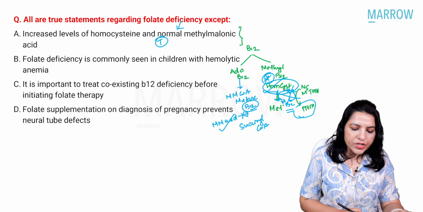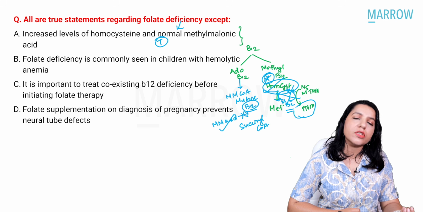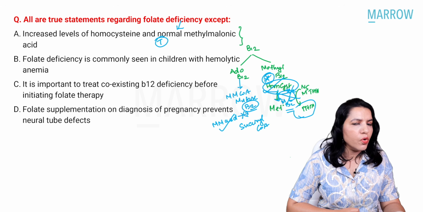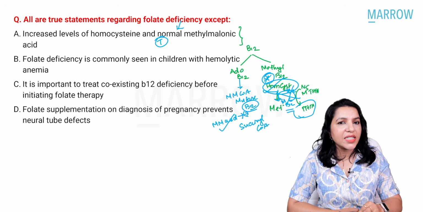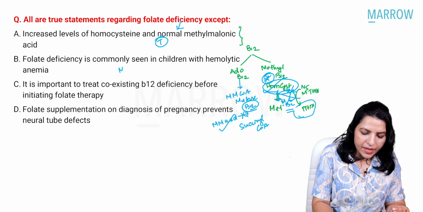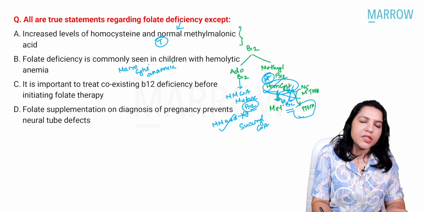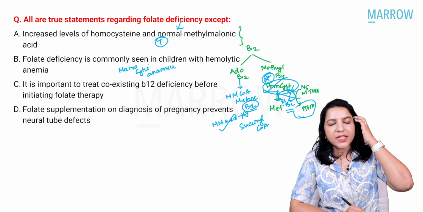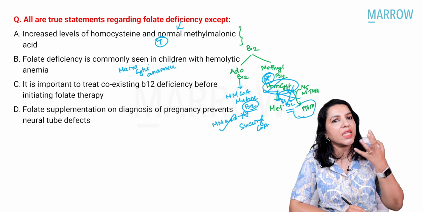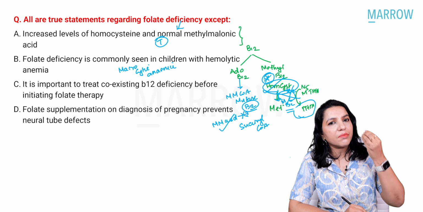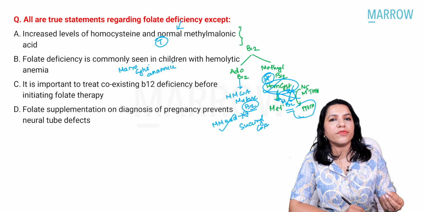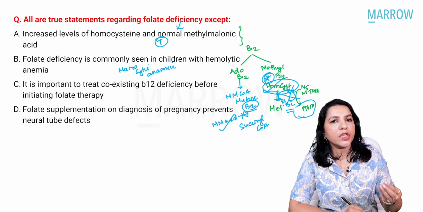Then, folate deficiency is commonly seen in children with hemolytic anemia. No, in the case of folic acid deficiency, it is not hemolytic anemia, it is a macrocytic anemia. Hemolytic anemia is usually seen if there is a defect in the RBC membrane integrity. In folic acid deficiency, RBC membrane integrity is not affected, so there is no hemolytic anemia.